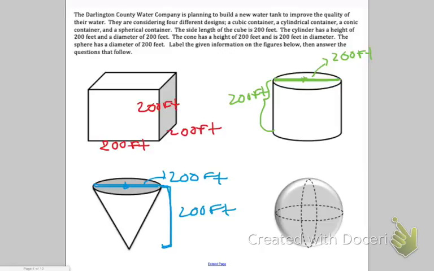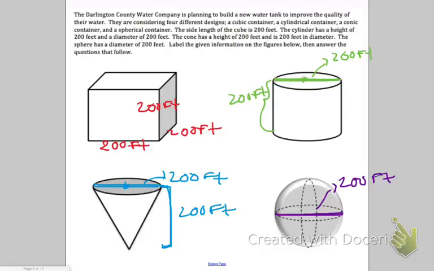And finally, our sphere, going through the center, so imagine it's going through the core of the sphere. Imagine a ball in your head, or a planet. Think of planet Earth. So going through the very center, we have a diameter of 200 feet.